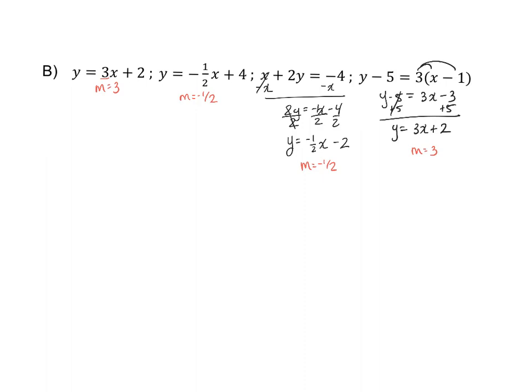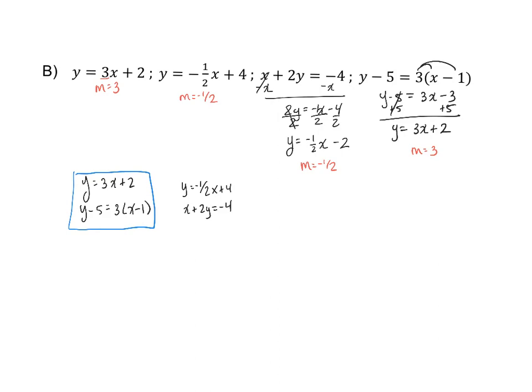So my equations that are parallel would be y equals 3x plus 2 and y minus 5 equals 3 parentheses x minus 1. My other lines that are parallel would be y equals -1/2 x plus 4 and x plus 2y equals -4.